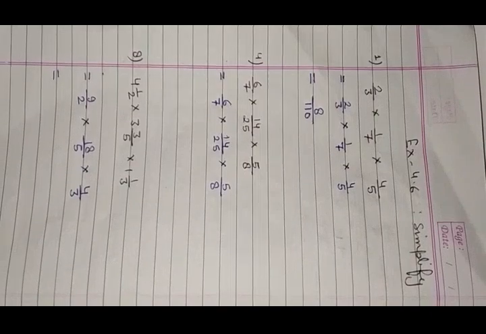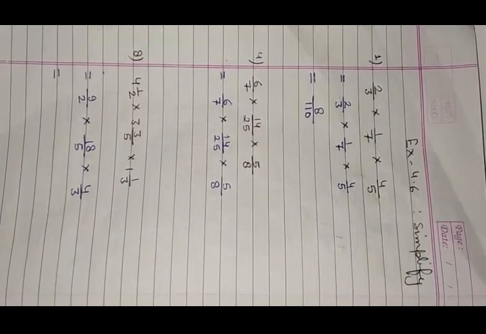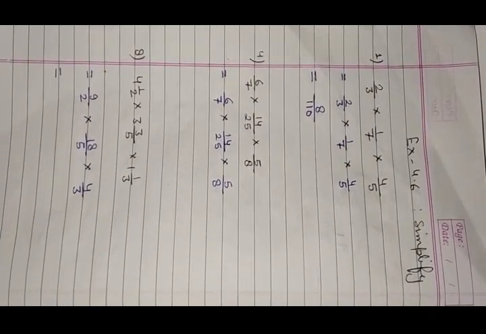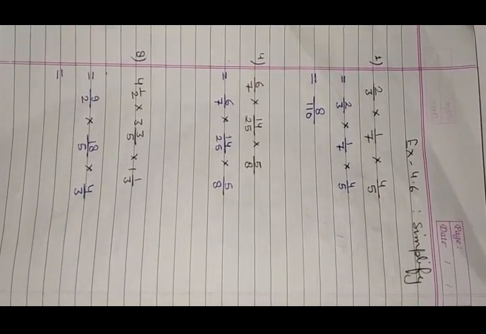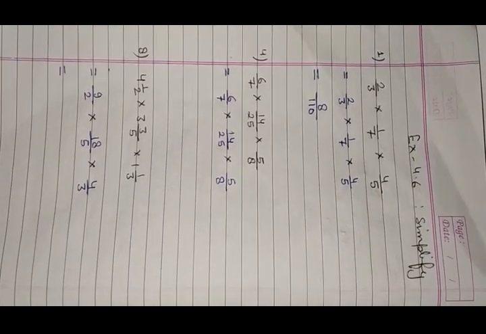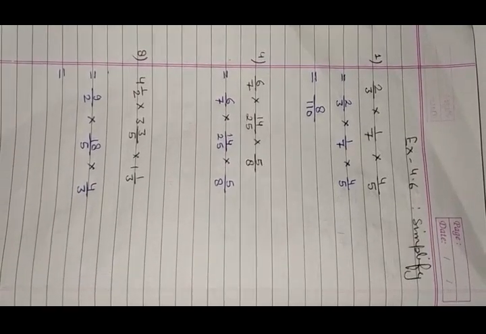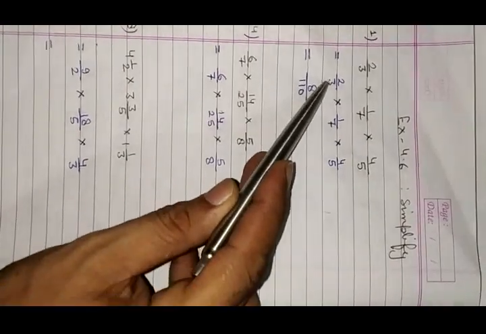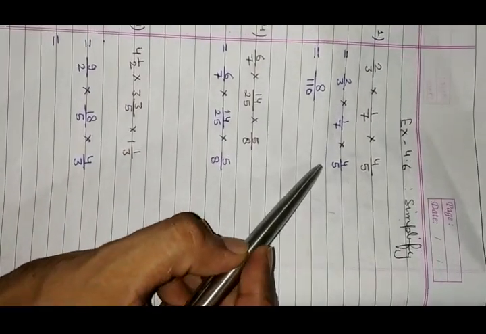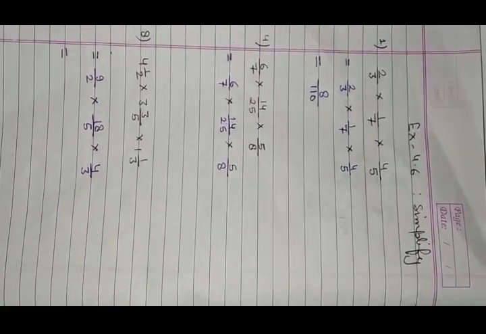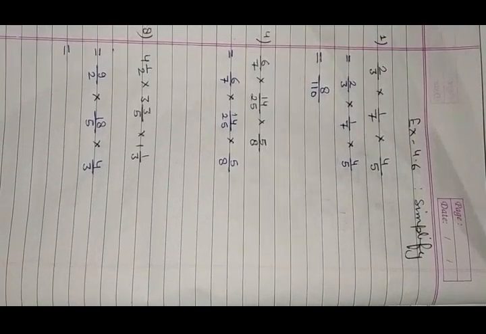Okay, so we cannot cancel out any common factor. Now just simply multiply the numerators and denominators. First multiply the numerators. 2 into 1 into 4 is equal to 8. Okay, 3 into 7, 21 into 5, 105. So answer is 8 upon 105.